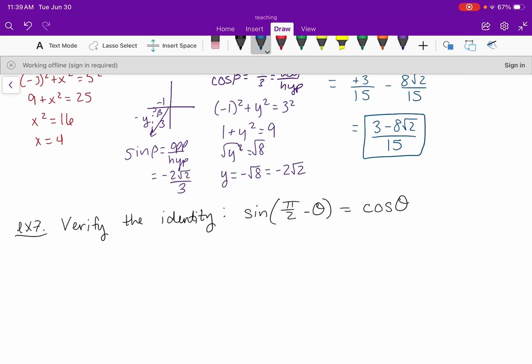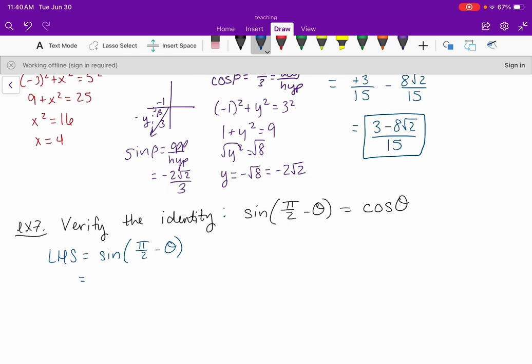Our first step here is we want to work with one of our sides. I usually tell you that the harder side is probably the one to start with. That's not like the one with more stuff. That's not always the case. It is in this one though. So I'm going to start with my left-hand side, which is sine pi over 2 minus theta.